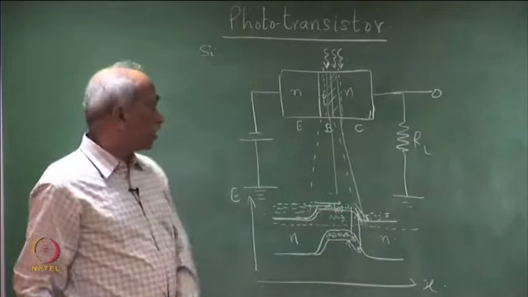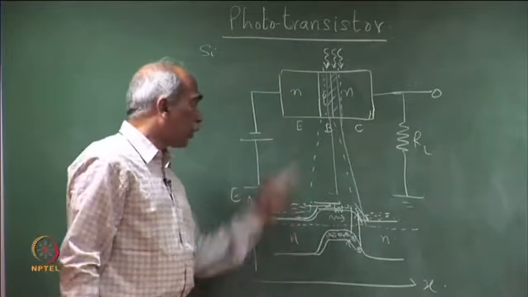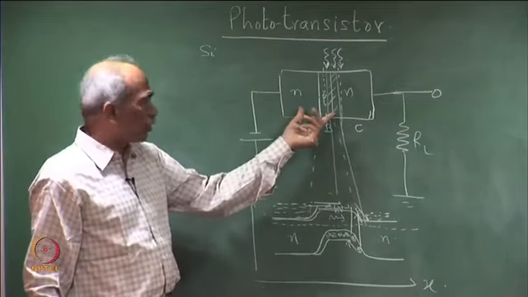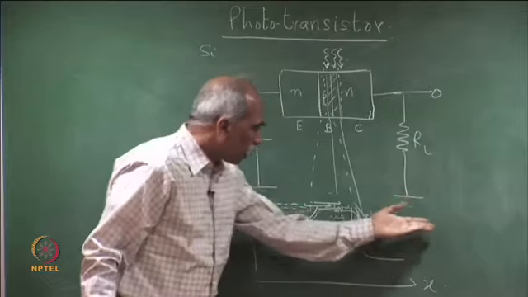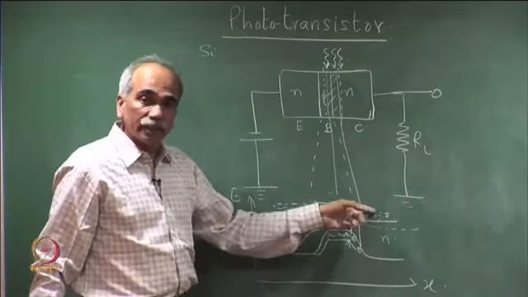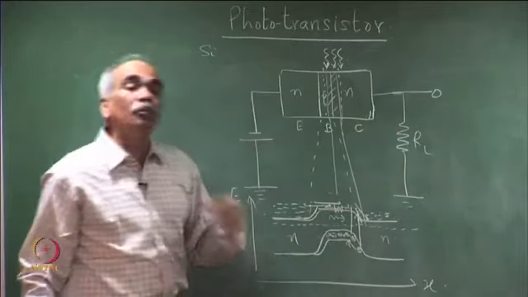Normally, in an electronic transistor, this job is done by the base current. When you forward bias the emitter-base junction, the barrier is lowered and consequently a large current flows from the emitter to the collector, that is, carriers move over the barrier which has been lowered because of the base current.